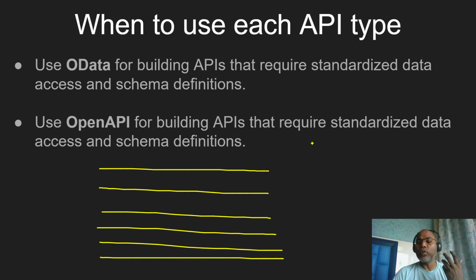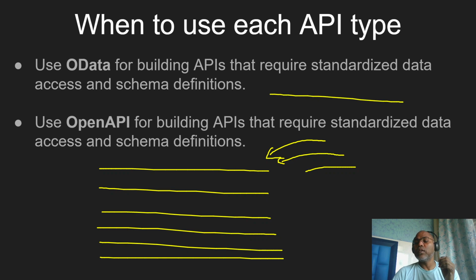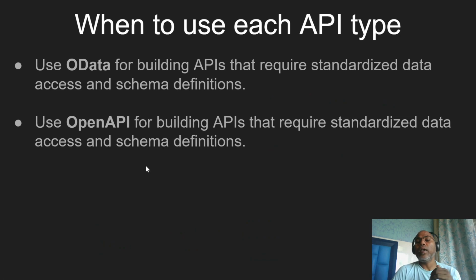Accordingly, is it event notification based, real time, bidirectional? What is your use case? Accordingly, you have to choose the communication channel and the API design approach, based on the nature of your requirement.